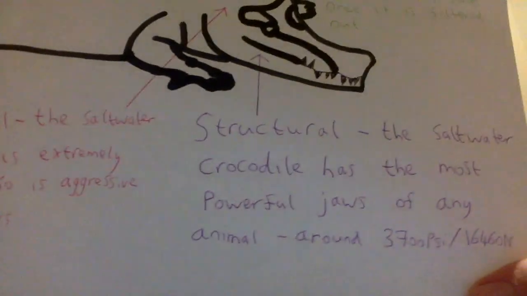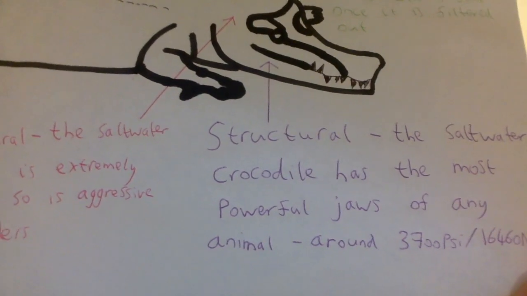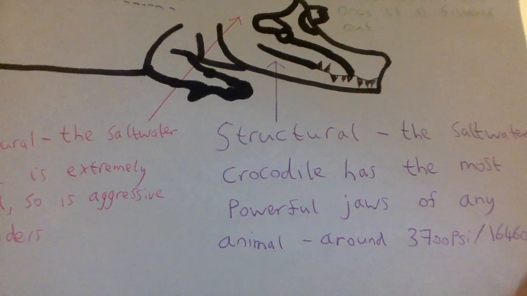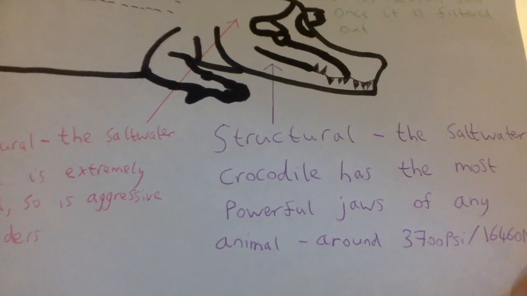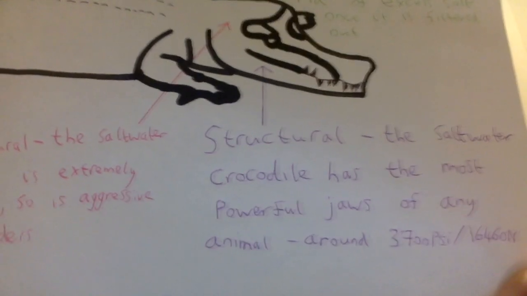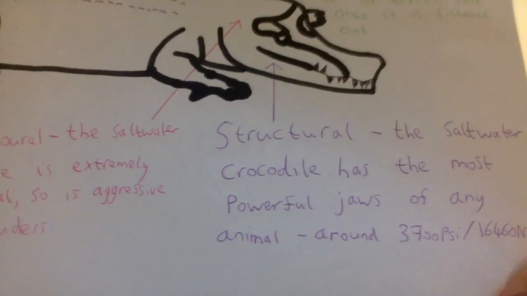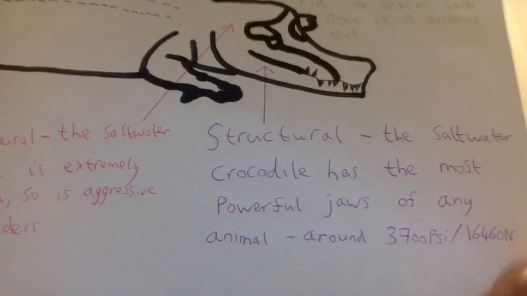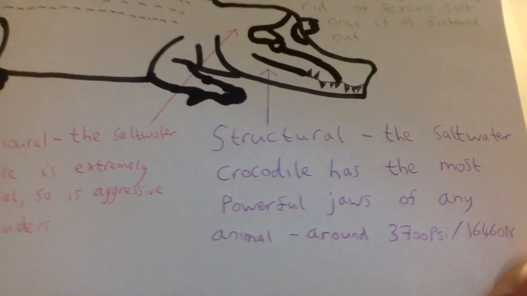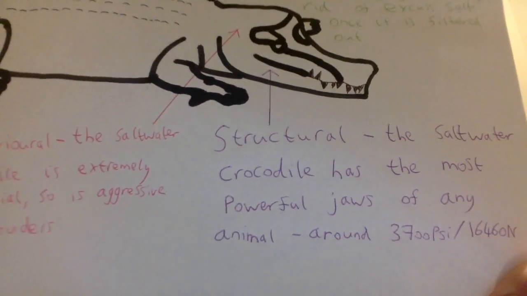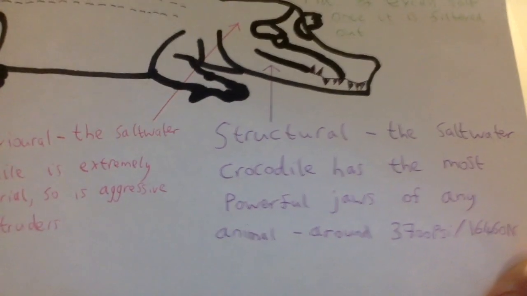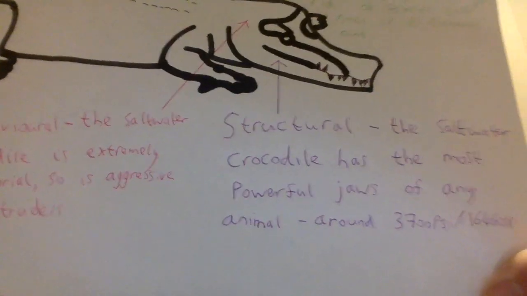They can clamp down with a pressure of 3,700 pounds per square inch, or 16,460 newtons. So that's a huge amount of pressure they can generate. And obviously for fighting off or killing prey, it's extremely beneficial. So that's one of their structural adaptations.